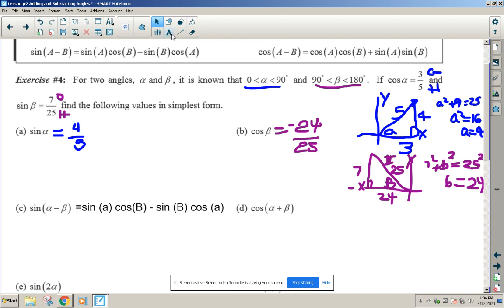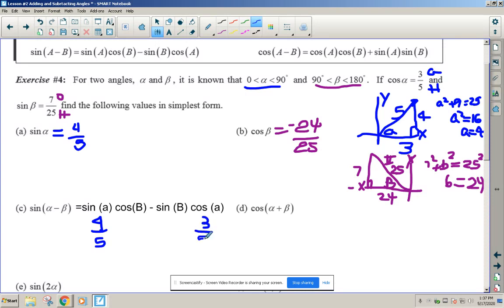So now if we plug in our values, the sine of alpha is 4/5. And the cosine of alpha was 3/5. I'm just going to fill in my alphas.